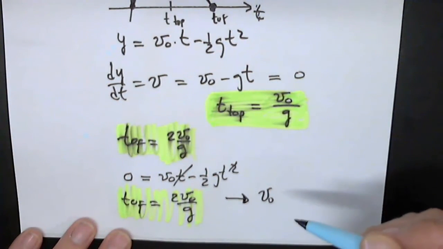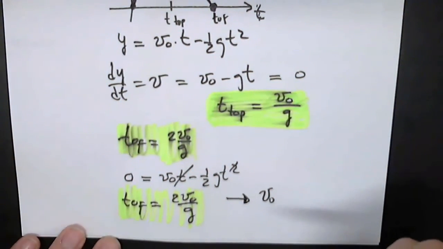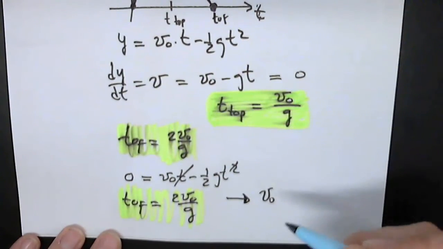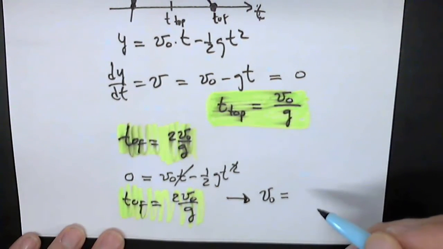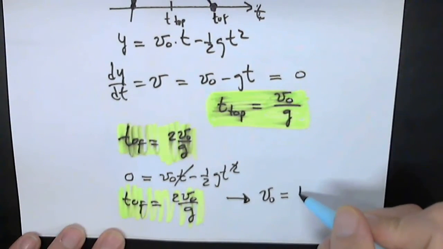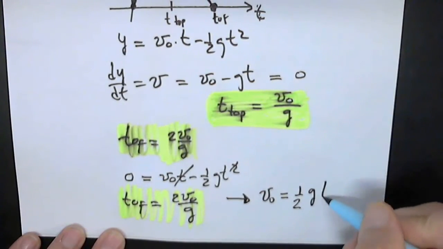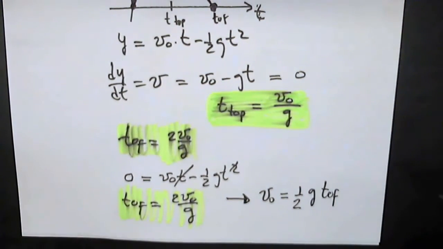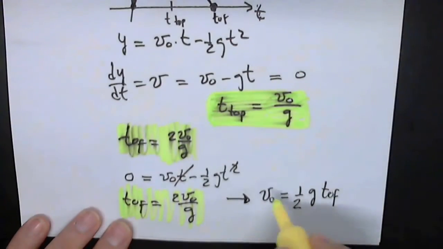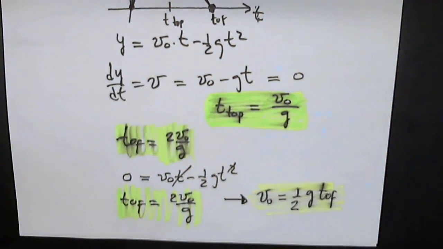That is the velocity at which the ball leaves the ground. So v naught is going to be 1/2 g the time of flight. Okay, that is another equation to have in your arsenal for something that we are going to see later.